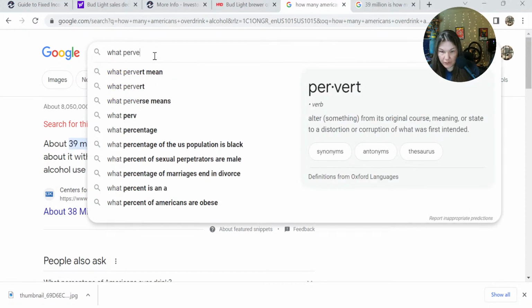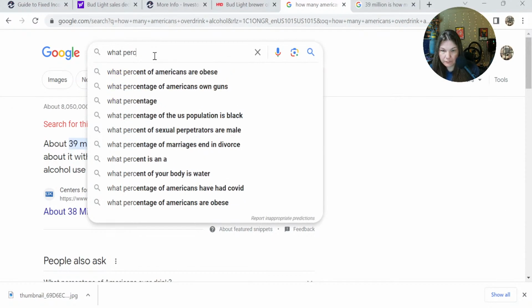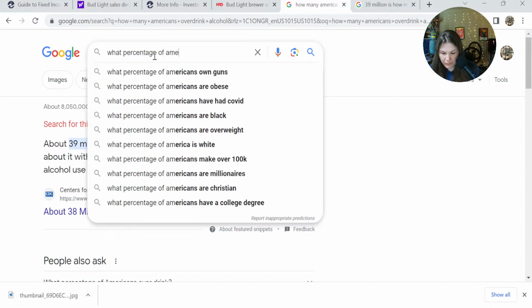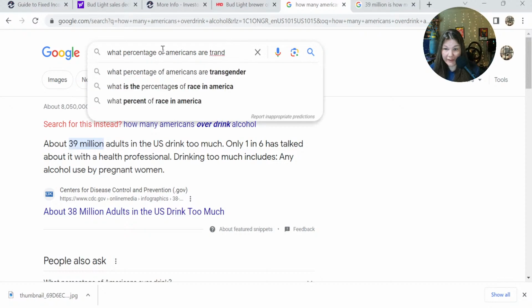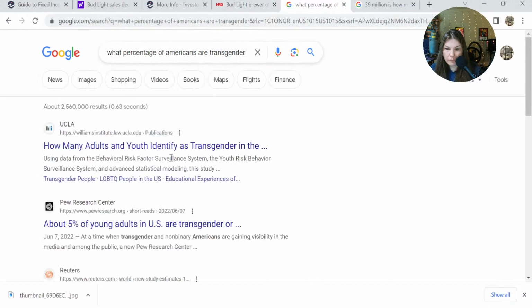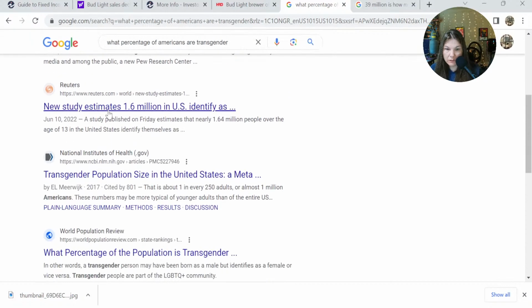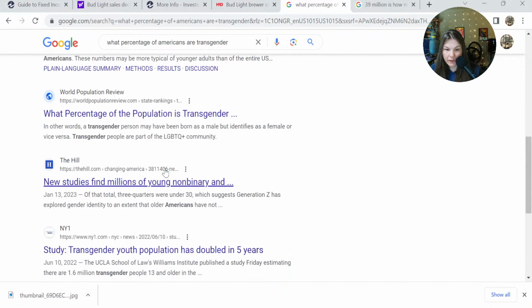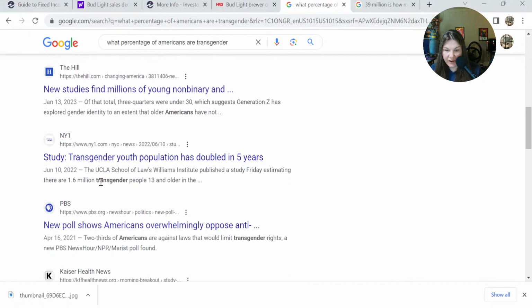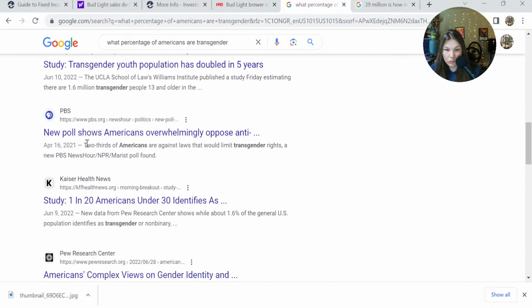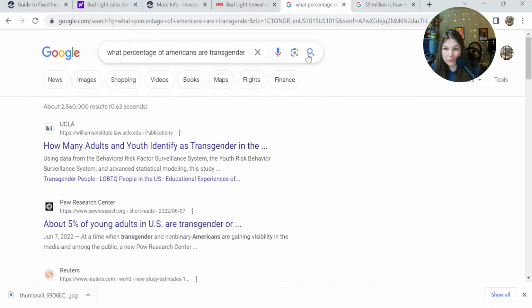So if 1% drink too much, what percentage of Americans are transgender? Estimates are 1.6 million, age of 13 and above. And these are studies. So 1.6.